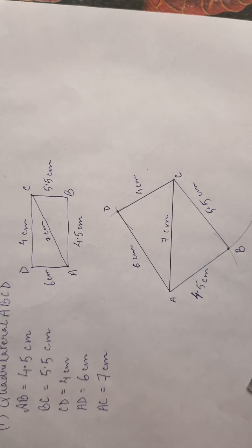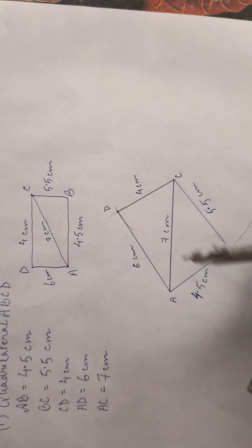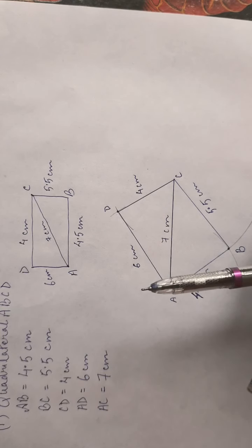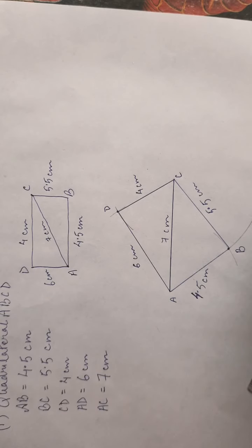Children, a very important thing I will tell you is that I have drawn with the help of a pen, just to make it prominent in the video, because with pencil it will not be that clear in the video. I have joined the lines with pen, right?